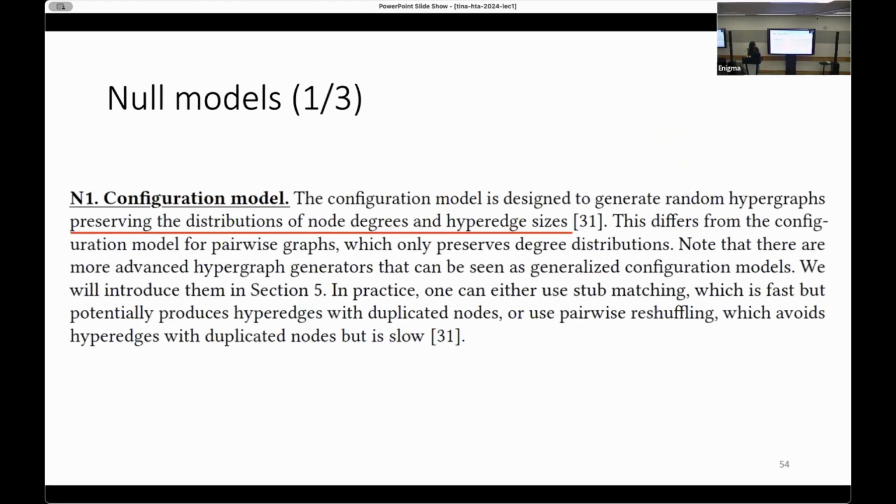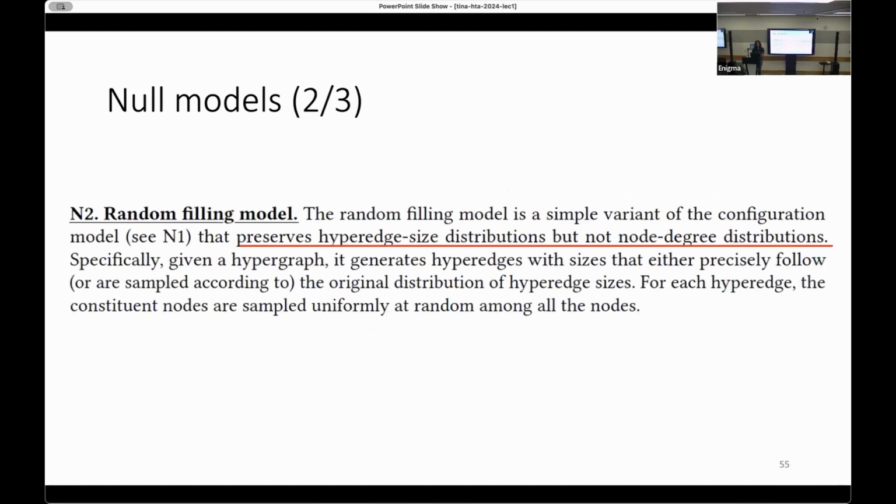And so we highlighted 3 null models. One is that you want to preserve the distribution of node degree and the distribution of the hyper edge sizes. This is the plain old configuration model. You have the random filling model where you would like to preserve the hyper edge size distribution, but not the node degree distribution.